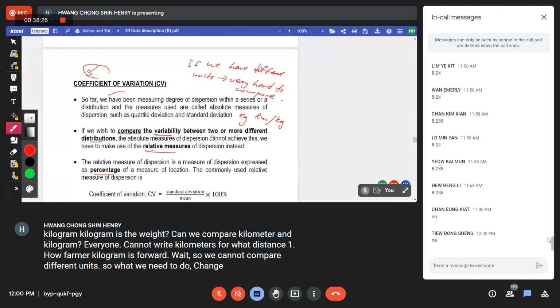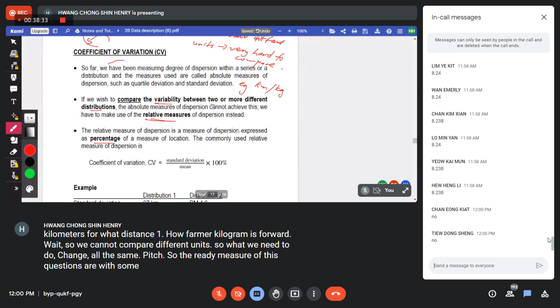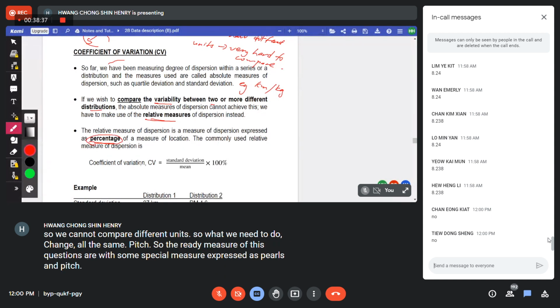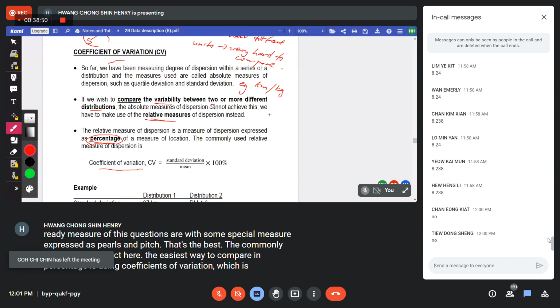Change all to percentage. So the relative measure of dispersion is a dispersion measure expressed as a percentage. That's the best. The commonly used, easiest way to compare in percentage is using the coefficient of variation, which is called CV.